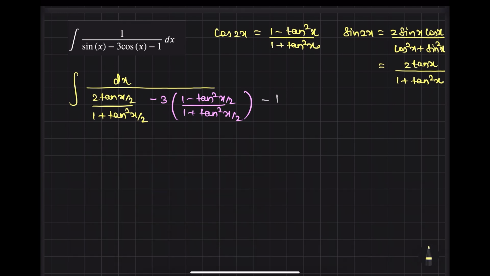Okay, now let's do the simplification a little bit more. We will take LCM. So the denominator 1 plus tan square x by 2 will come to the numerator.